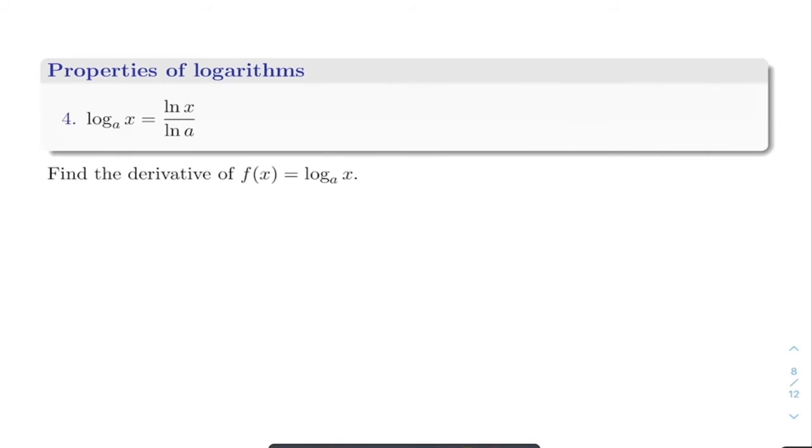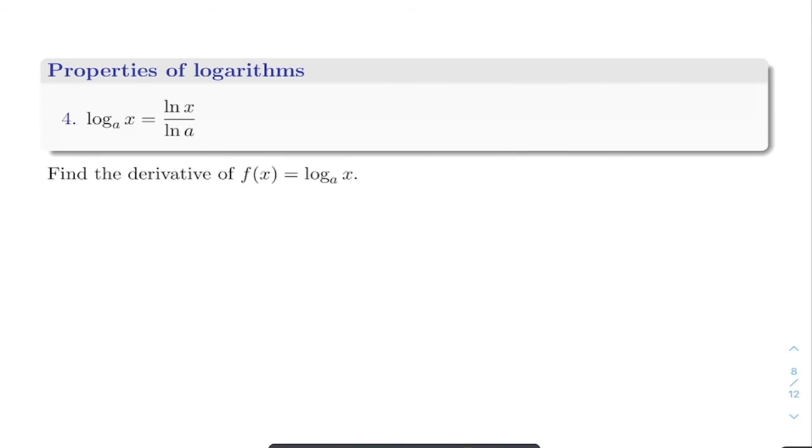The final property we will see is what is called the base change. So here we have that the logarithm with base a of x can be written in terms of the natural logarithm. The logarithm with base a of x will be equal to the natural logarithm of x divided by the natural logarithm of a.